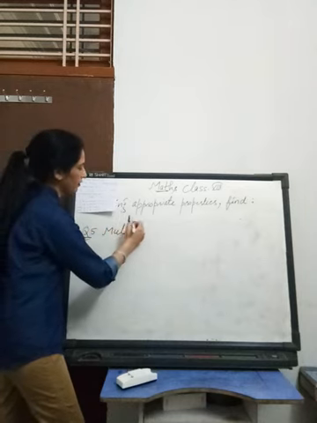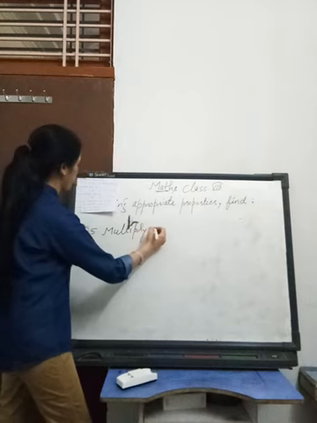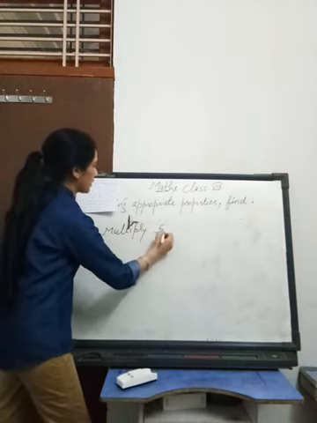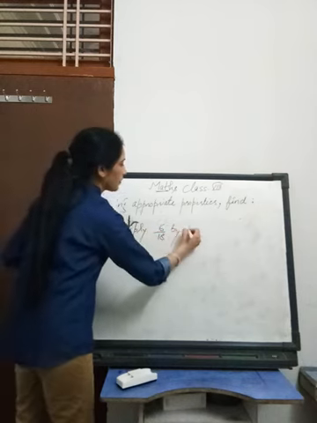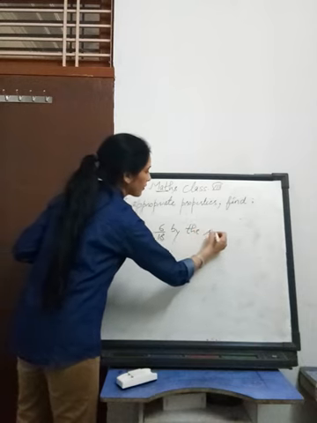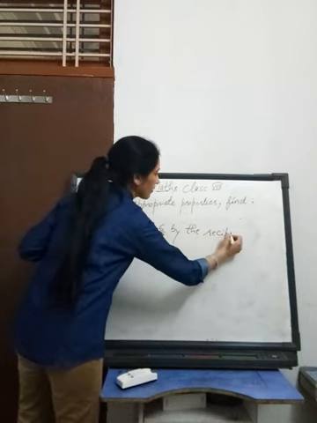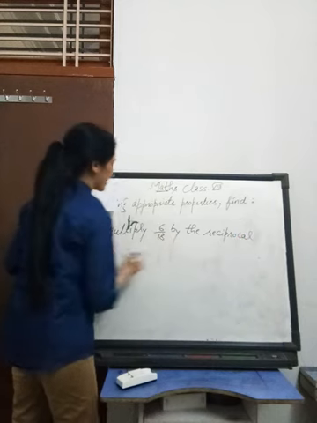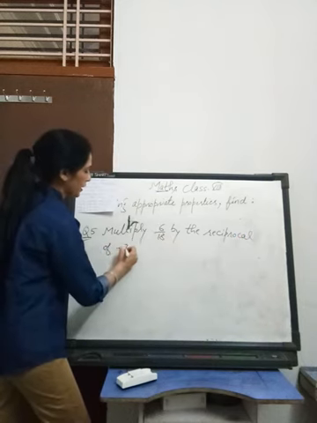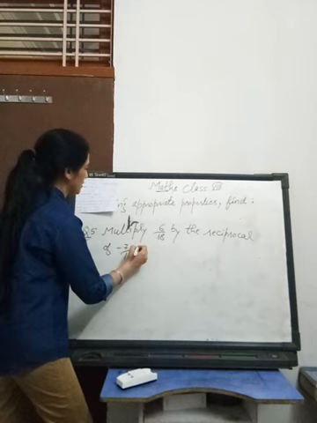Now question number 5. Multiply 6 upon 18 by the reciprocal of minus 7 upon 16.